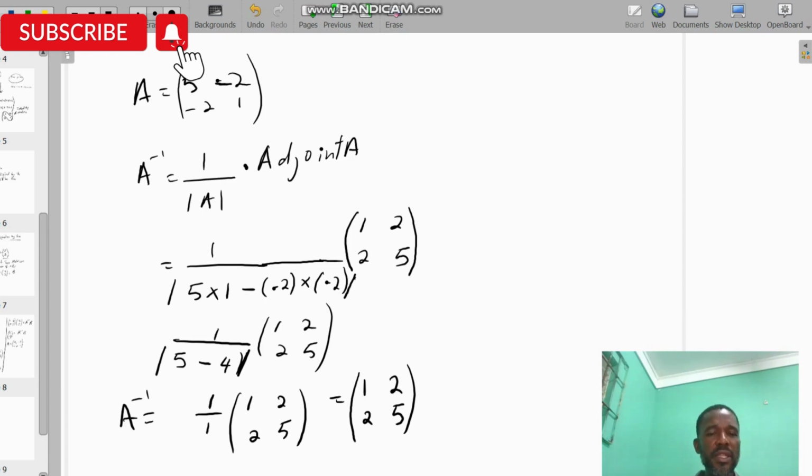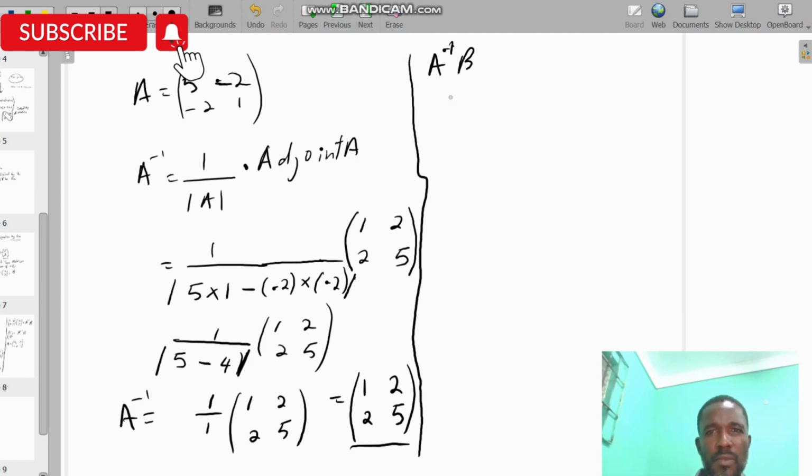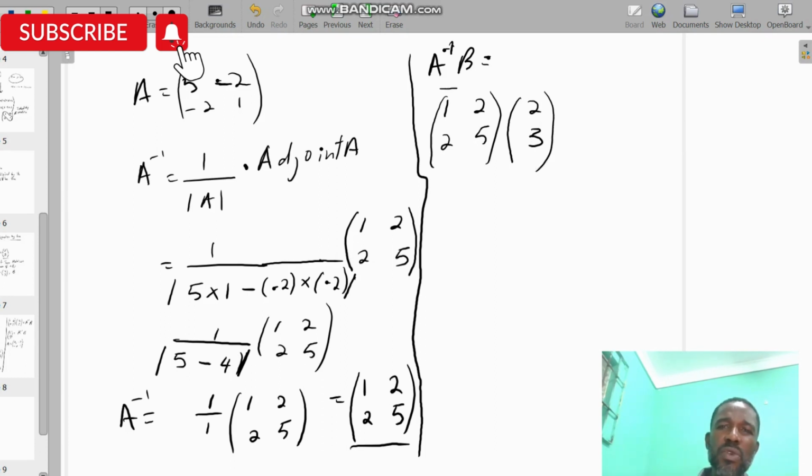So now we have to multiply this A inverse by B. A inverse times B is going to be equal to 1, 2, 2, 5 multiplied by 2, 3. Remember, it's the row of the first multiplied by the column of the second.